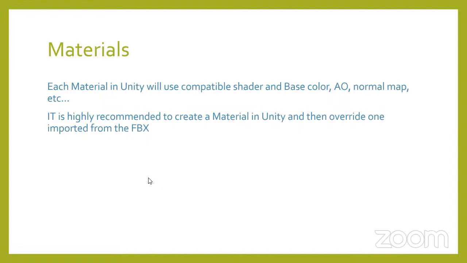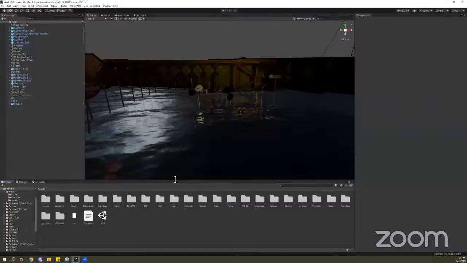Materials. This is actually something that I can just pull out a screen of Unity. So this is the Unity project that I was working on, and something that I showed just earlier in the slide.